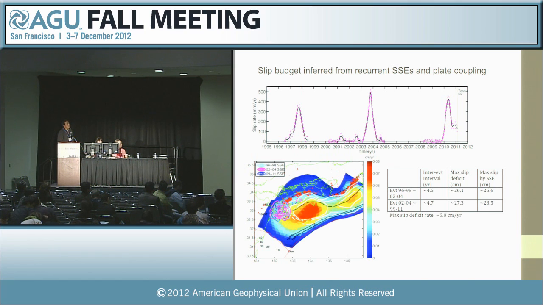And we can estimate slip deficits versus actual slip released by those slow slip events. They're basically showing in this table that the slow slip events relieve most of the accumulated slip deficits over these down-dip transition zones.